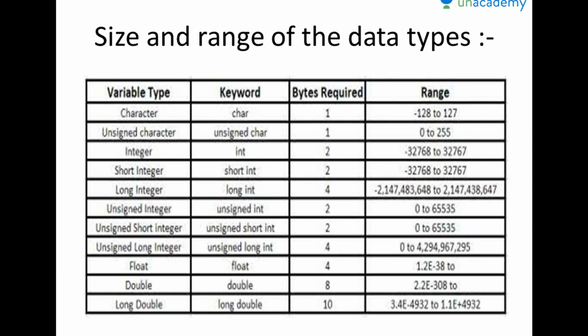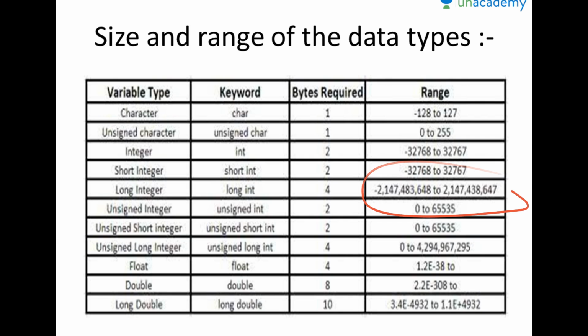If I want to increase the size, here you can see what the required bytes are for integer. It is 2. And what is the required for long integer? It is 4. Means we can increase the size, and with the increase of size we can increase our range.